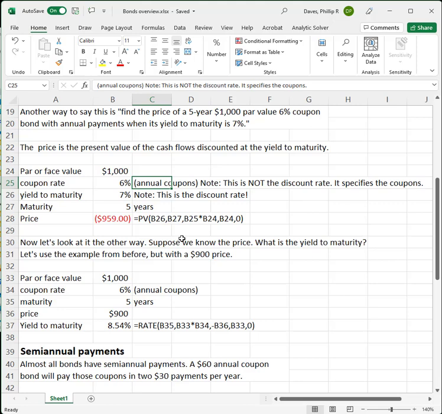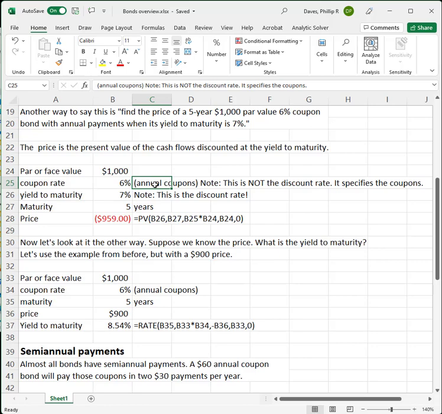We're going to look at semi-annual coupons, which is the way most bonds actually are priced and are constructed, in a couple of minutes. But notice I'm going to make it clear. This is annual coupons. And also notice that you need to be really clear about this. The coupon rate, the 6% in this case, is not the discount rate.